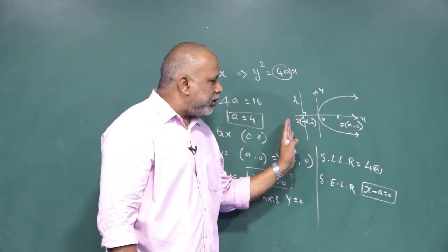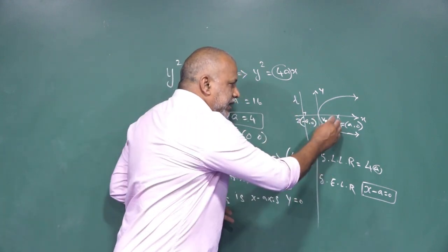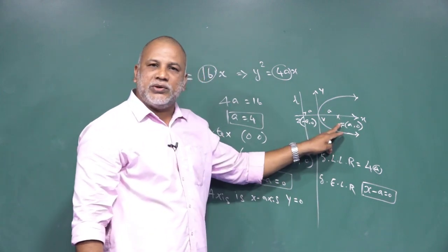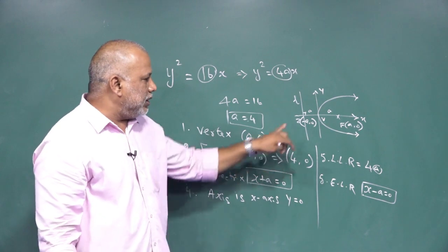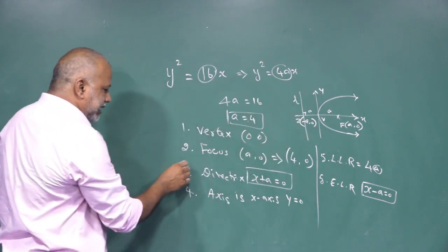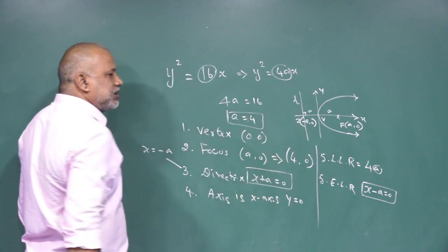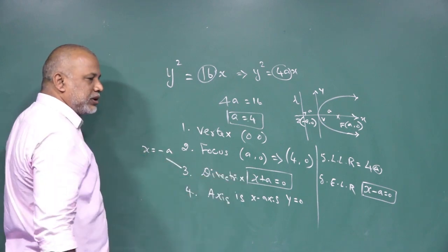Vertex is the midpoint of F and Z. So here it is equidistant: VF equal to a, and here also a, it is the distance. Focus lies in the positive direction. Therefore F is (a, 0), then Z is (minus a, 0). Therefore the equation of the directrix, we can say, is x equal to minus a. This is the line passing through the point (minus a, 0). We can convert it to x plus a equal to 0.